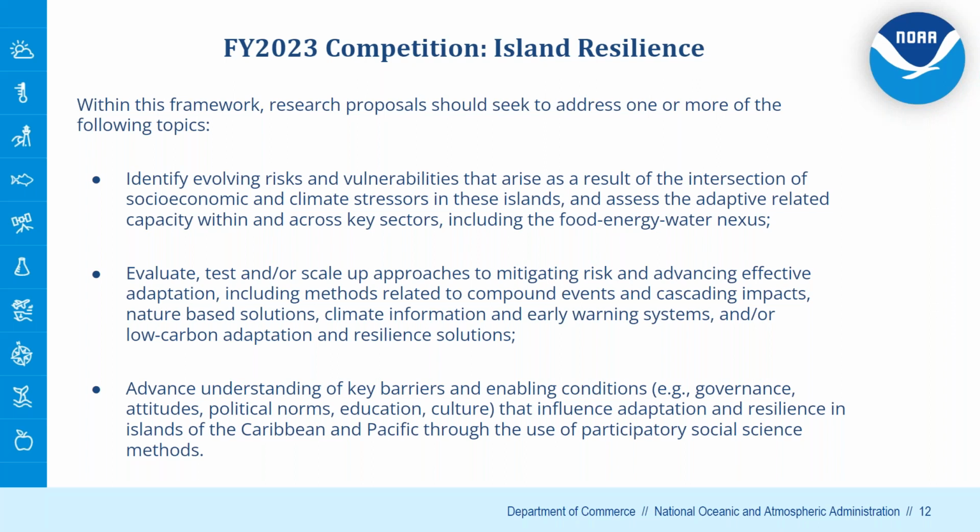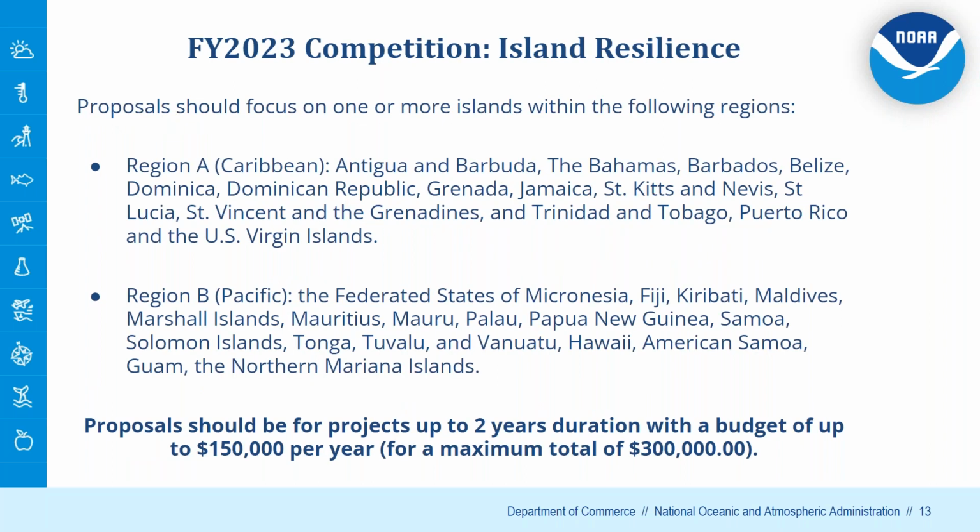All right, next slide, if you would, Alec. So I won't read the list of countries here, but proposals should really focus on one or more islands within these regions. You will note that some of the US islands are also included here, but we are also focusing on a handful of islands outside of the United States as well.